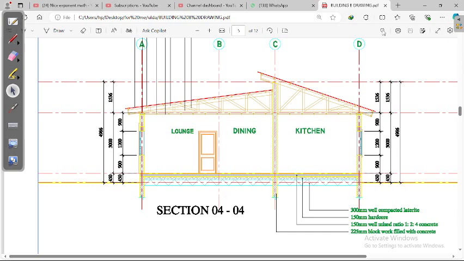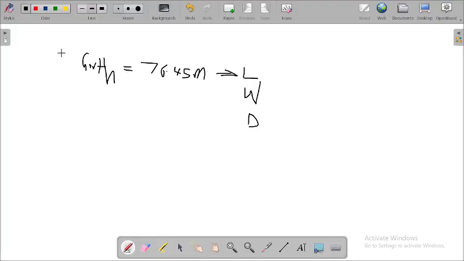Now if you had watched my previous video on this excavation, I mentioned that a bungalow usually is sitting on a strip foundation, where I said strip foundation is a continuous strip of concrete, that continuous mass of concrete that has its width as 3 times the thickness of the wall sitting on it, and its depth will be the thickness of the wall.